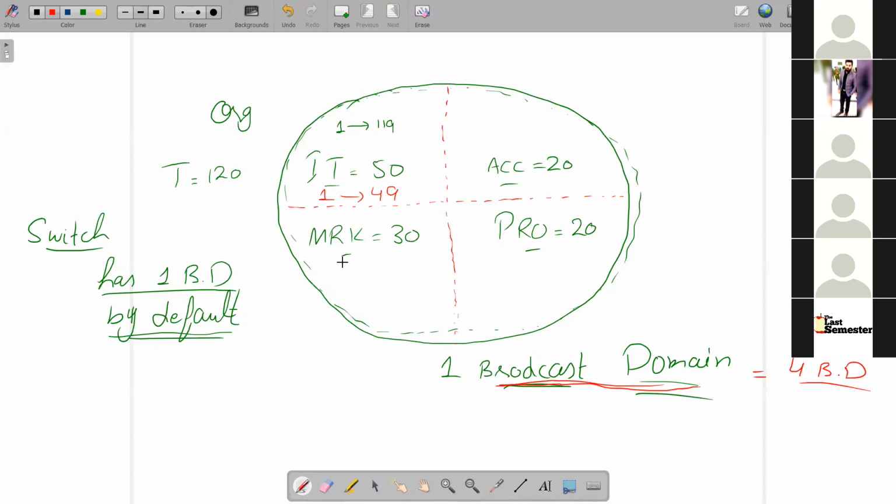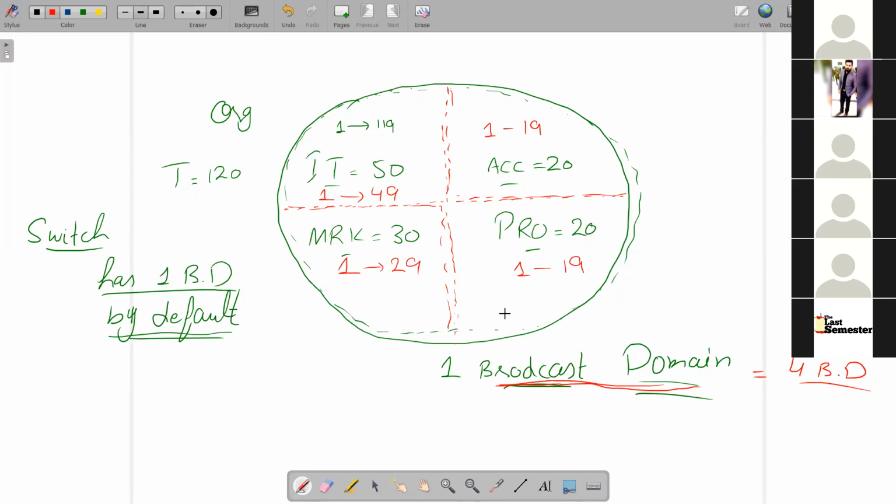If one guy from the marketing department does the broadcast, only 29 will receive that broadcast. We are isolating their broadcast domains into multiple departments. If one guy from the accounts department does the broadcast, only 19 will receive that broadcast. If one guy from the production network does the broadcast, only 19 will receive that broadcast.